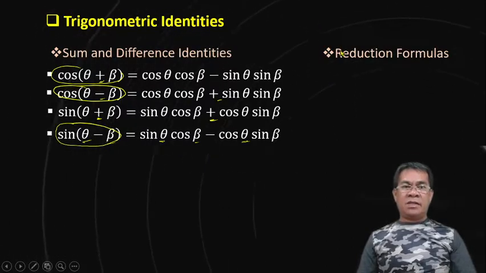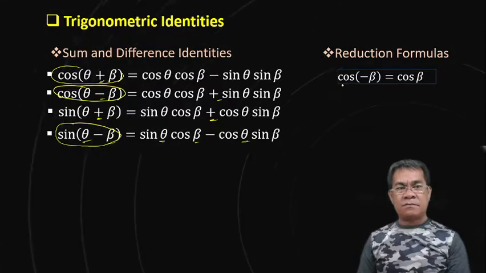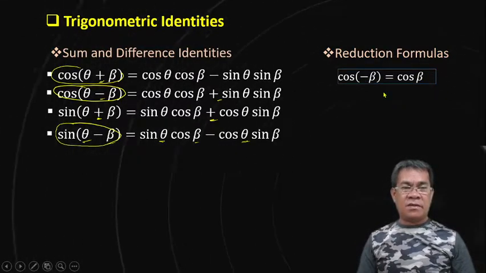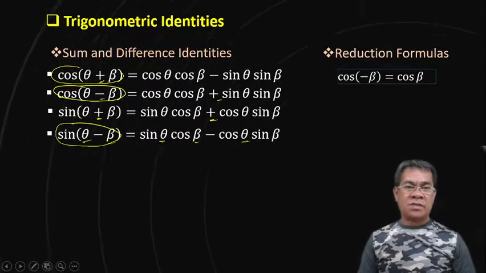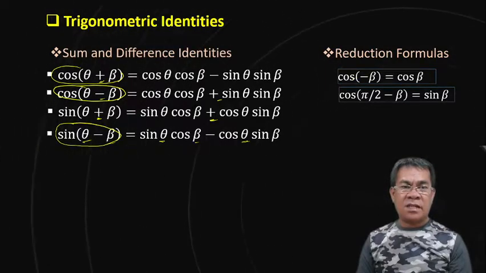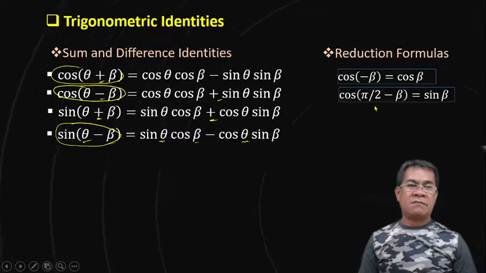By the way, the reduction formulas are very important. For the negative angle, beta becomes positive, so you can erase the negative if it's cosine. But take note of the sign: the angle is positive, but the factor becomes negative.